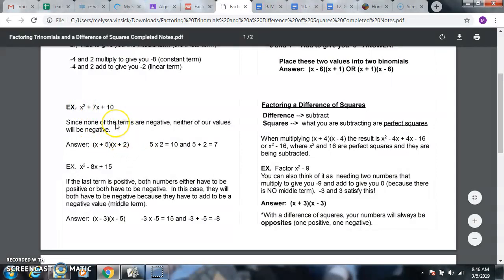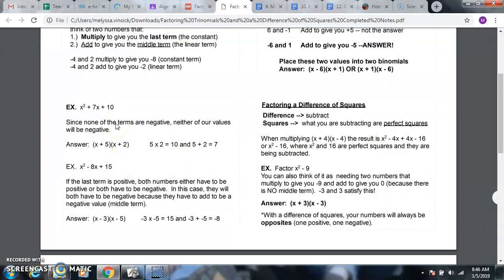Okay, so that's just a little trick and something that you can remember to make it a little bit easier. If every sign is positive in the problem, every sign will be positive in your answer for these. So I need to figure out multiples of 10, so numbers that I can multiply to get 10 and add to get 7.